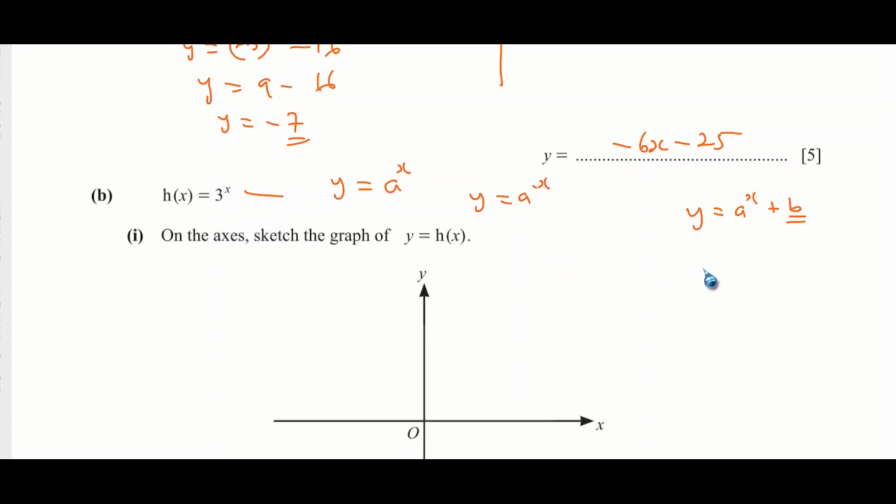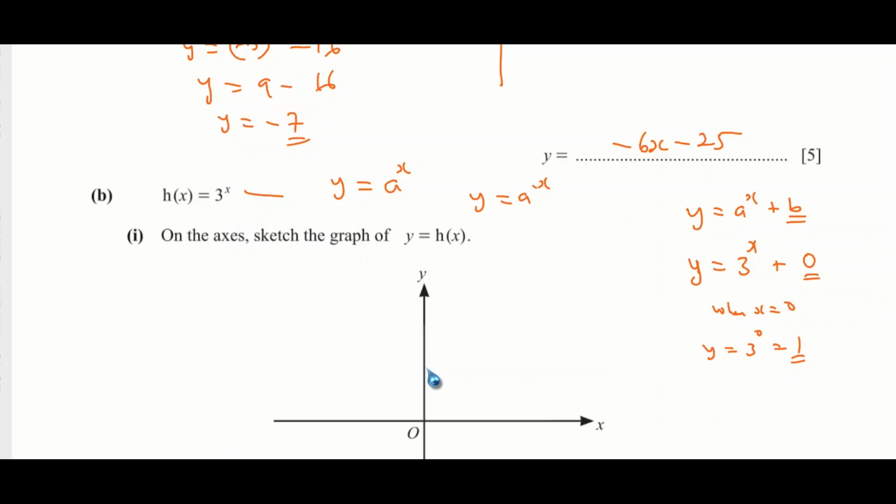So I can just say h of x, which is y now, y equals 3 to the power of x plus 0. So this is the asymptote. Okay, so from here I can get the value when x equals 0. When x equals 0, y equals 3 to the power of 0, which equals 1.